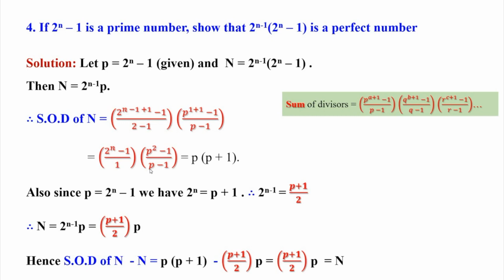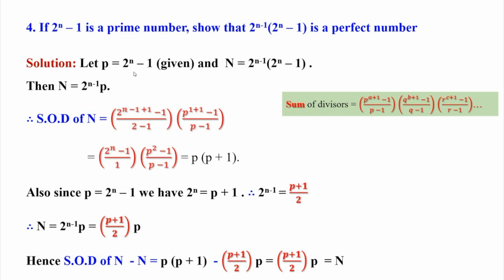So you get (p^2 minus 1) by (p minus 1). This can be written as (p minus 1)(p plus 1). Cancelling p minus 1, we have p plus 1. And this is nothing but 2^n, since the 1 and 1 get cancelled, giving 2^n minus 1, which is taken as p. So the whole sum of divisors of N becomes (2^n minus 1) into (p plus 1).